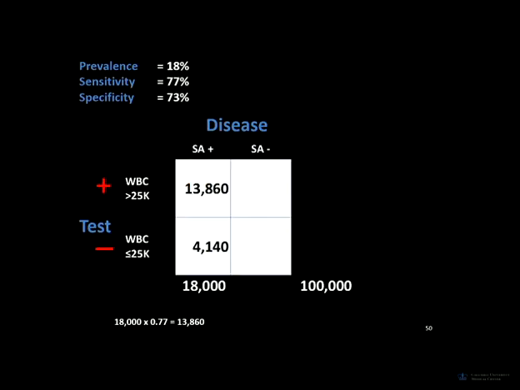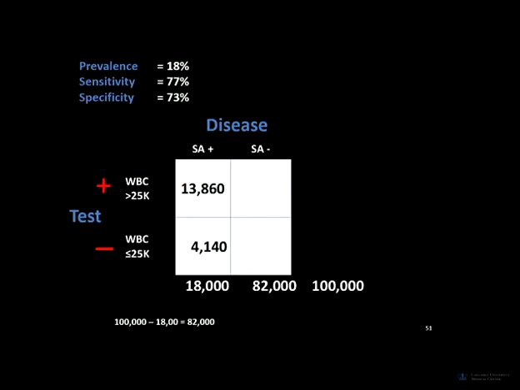So we've filled in half our 2x2 table, and now we simply subtract off the 18,000 to get the population of people without the disease, and we go through some calculations using specificity to fill in these final boxes in your 2x2 table. So this group here is the number of people without the disease who have a negative test. And once you find that out with specificity, you can just subtract off to find that last box. Okay? So that's using your 2x2 table.